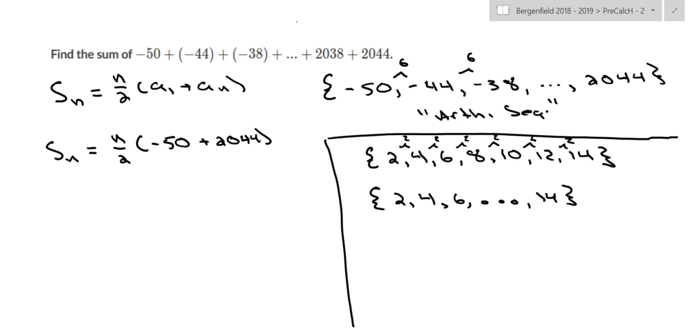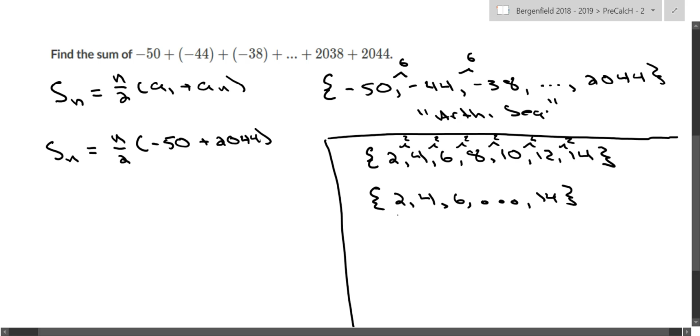The first thing we want to notice is how much we increased from the first term to the last term. There was an increase from 2 all the way to 14, so we increased by 12, in steps of 2.